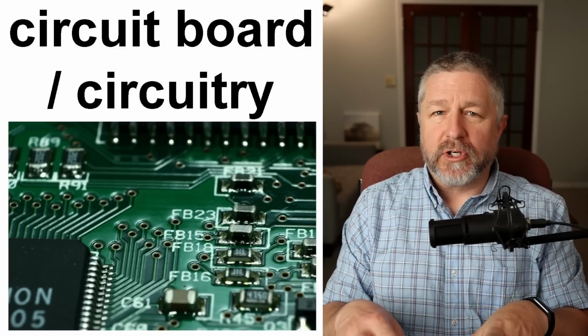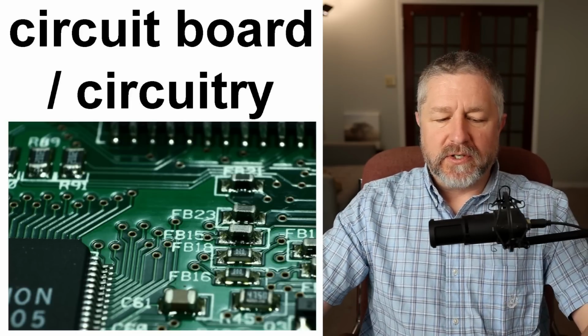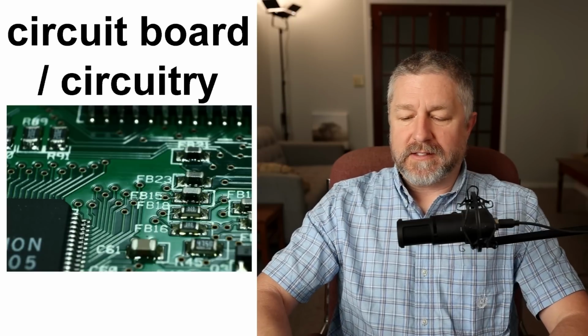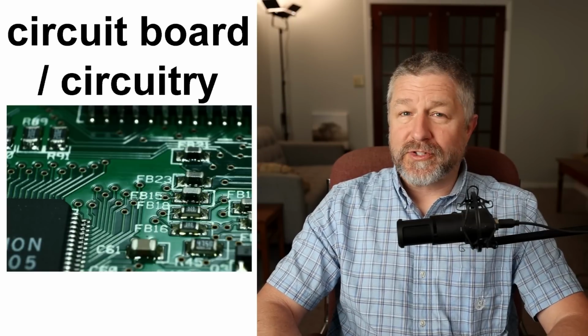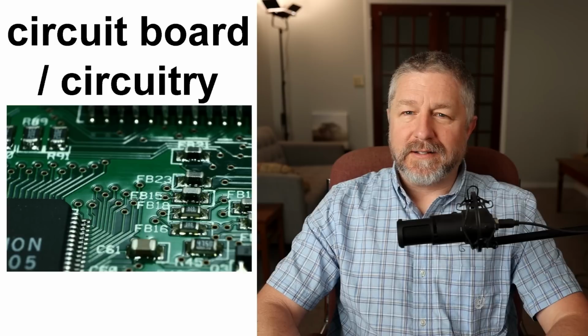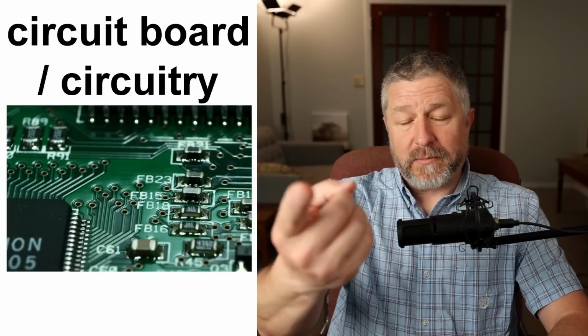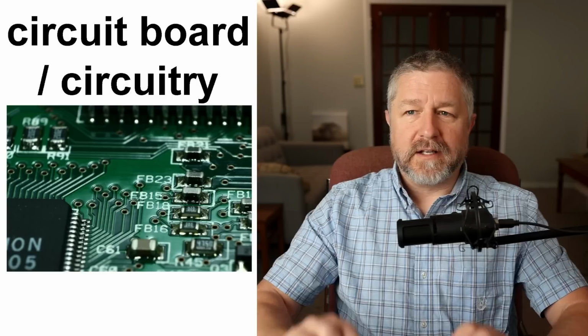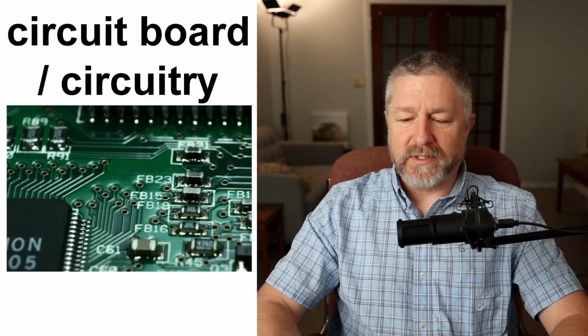We could use those terms interchangeably, but certainly in our modern world, there are a lot of things that have circuit boards or circuitry inside of them. It kind of helps to make them smart. My camera probably has a circuit board in it. My van has a couple of computers in it that have circuit boards inside of them.